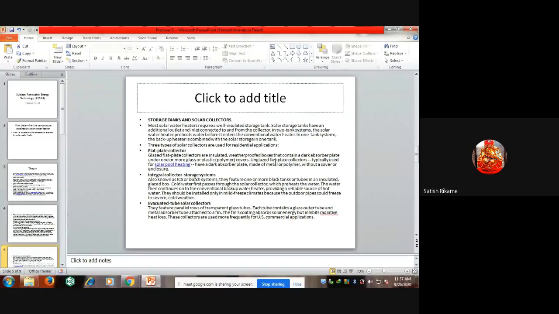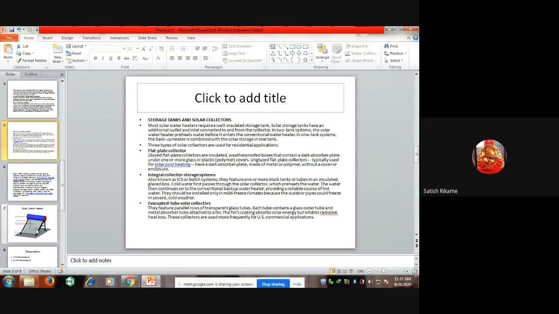They feature parallel rows of transparent glass tubes. Each tube contains a glass outer tube and a metal absorber tube attached to a fin. The fin's coating absorbs solar energy but inhibits radiative heat loss. These collectors are used more frequently for US commercial applications.